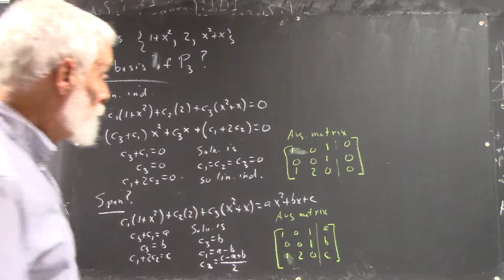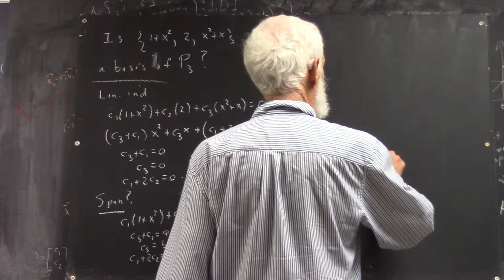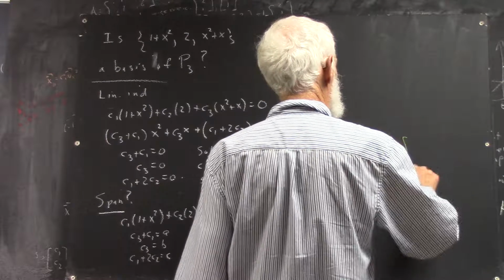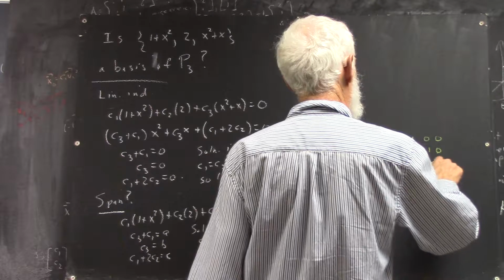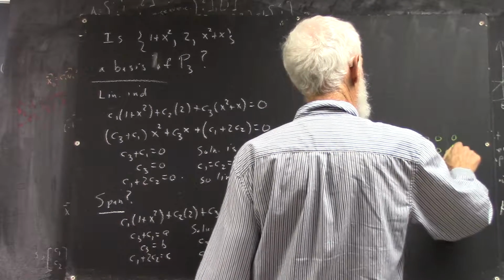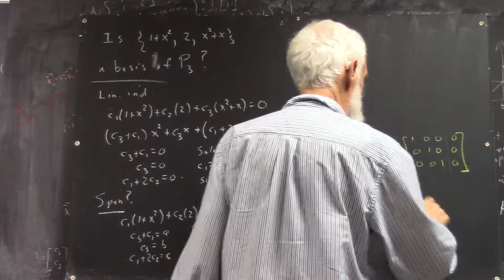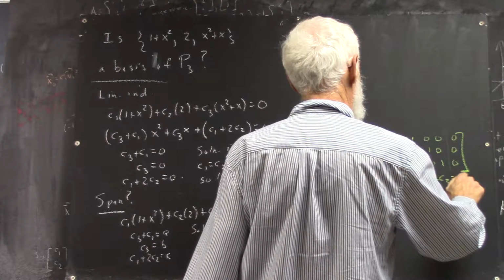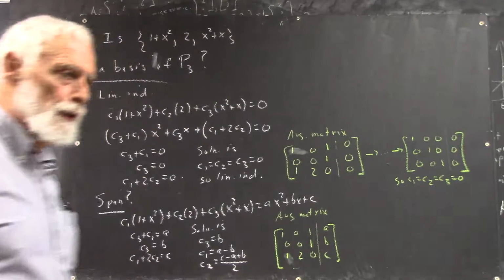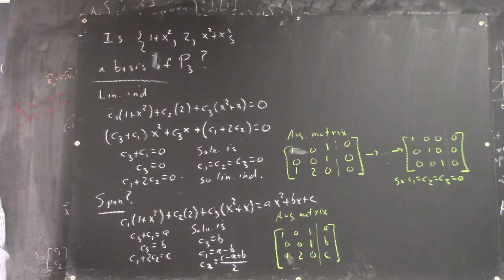And the matrix reduces, so C1, C2, and C3 are all 0.